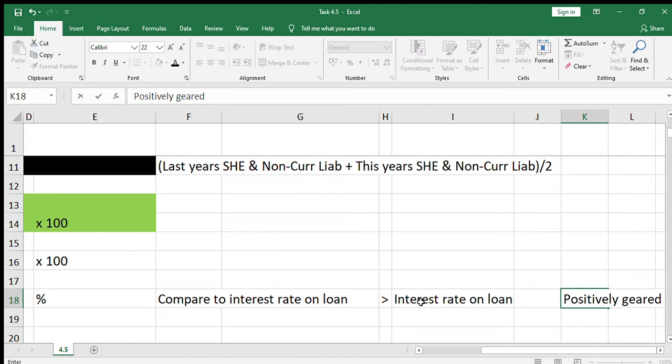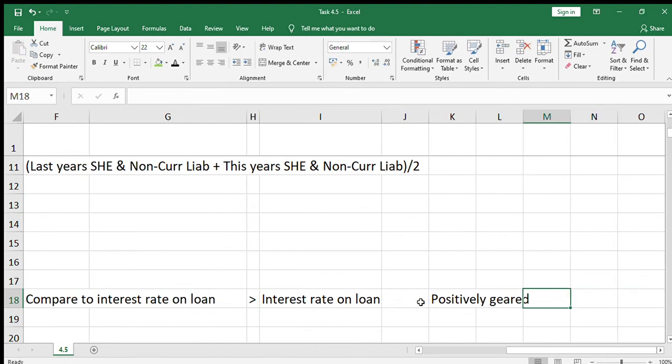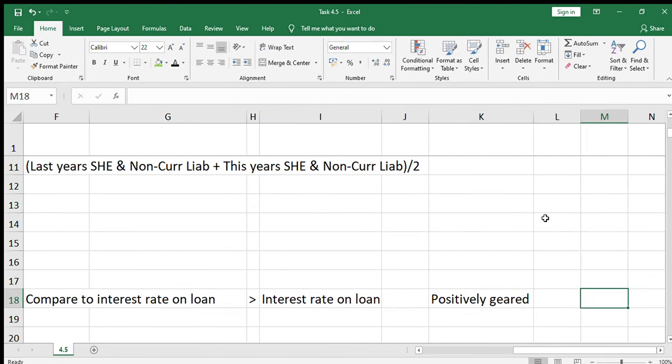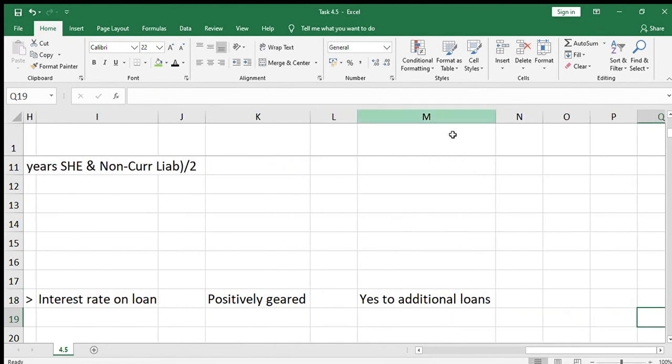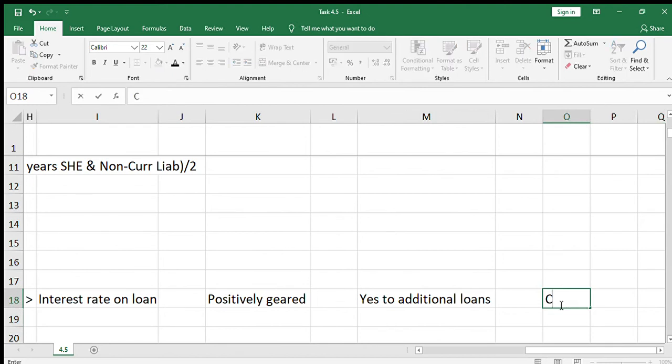And if they are positively geared, that means that you can say yes to additional loans. The reason you can say yes to additional loans is because they can afford the interest and loan repayments.